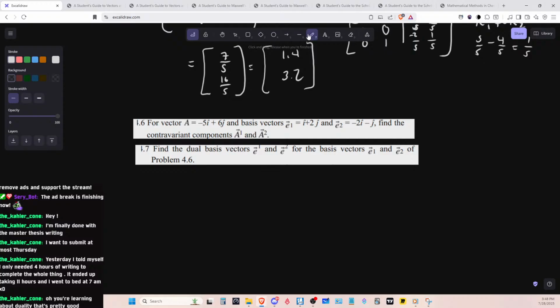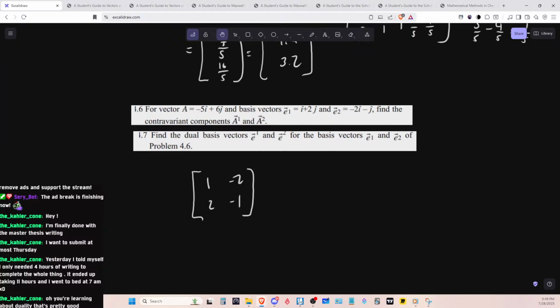Now, from what I learned from ChatGPT, when you write it as a matrix, you're supposed to write it like 1 to 2, like so. And now we're supposed to get the basis vectors.